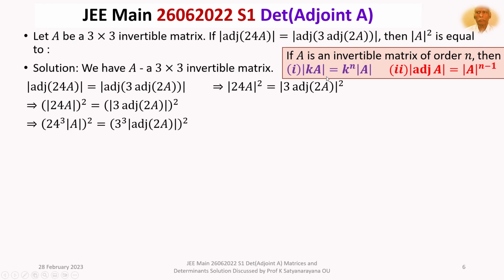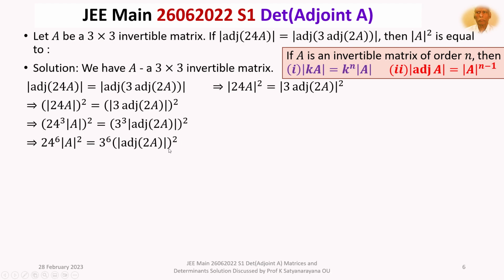This will imply 24 cube and square, that is 24 to the power of 6 into determinant of A square, is equal to 3 cube square, 3 power 6 into determinant of adjoint of 2A whole square.